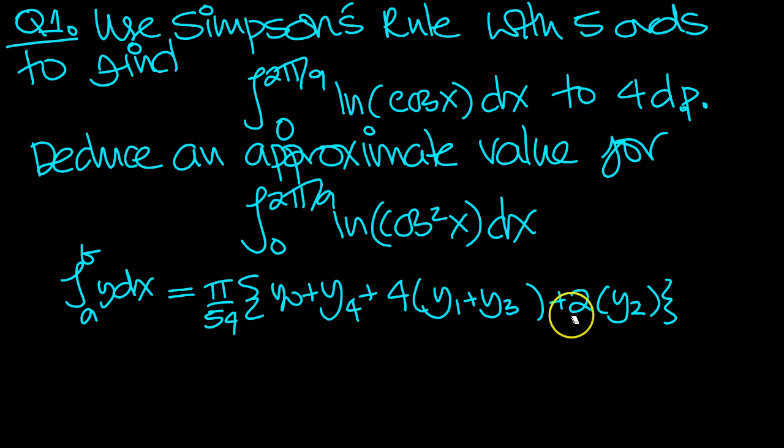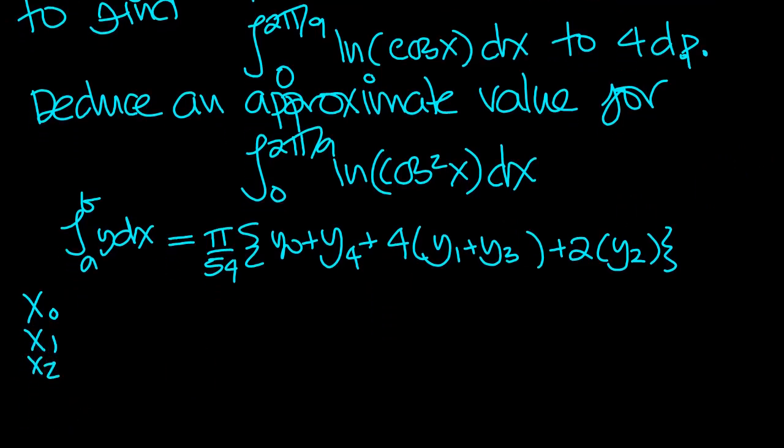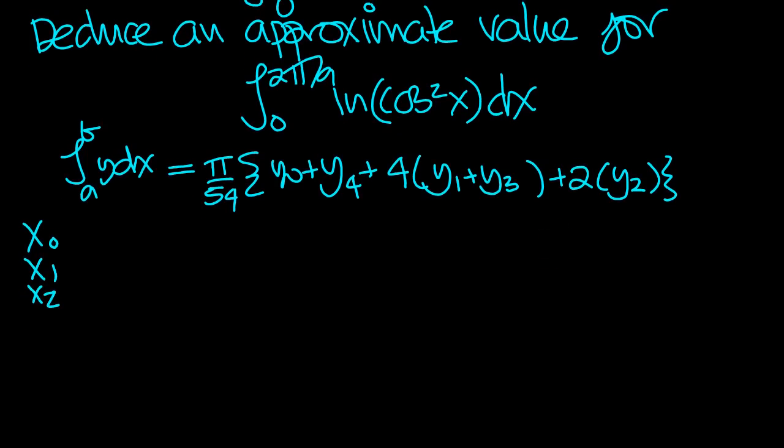We want these y ordinates, so we better get the x ordinates first. So we need x0, x1, x2, x3 and x4. We start from 0. h was pi over 18, so that's pi over 18.